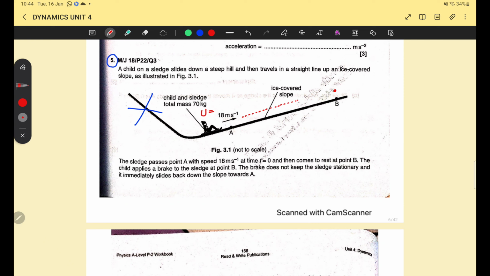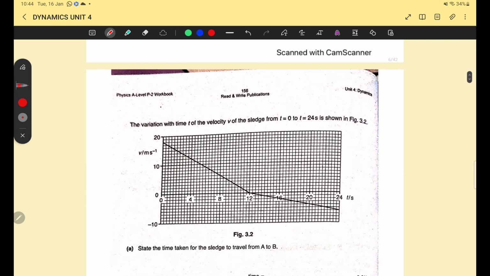And when she reaches point B, then her final velocity becomes 0. Initial velocity is 18 and final velocity becomes 0.